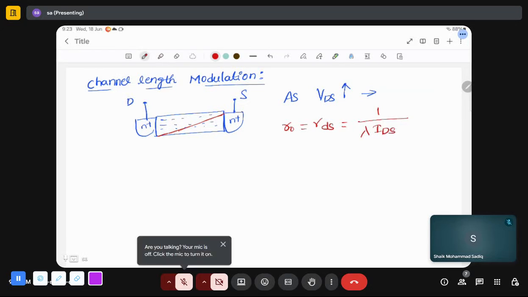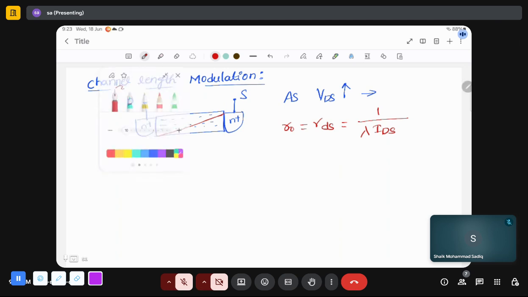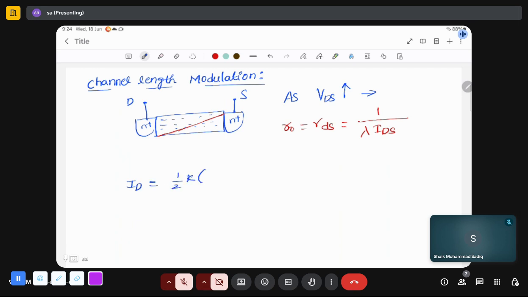For now, you remember it as some output resistance. It brings in the dependence of ID on VDS. Earlier, ID was half K (VGS minus VT) whole square.